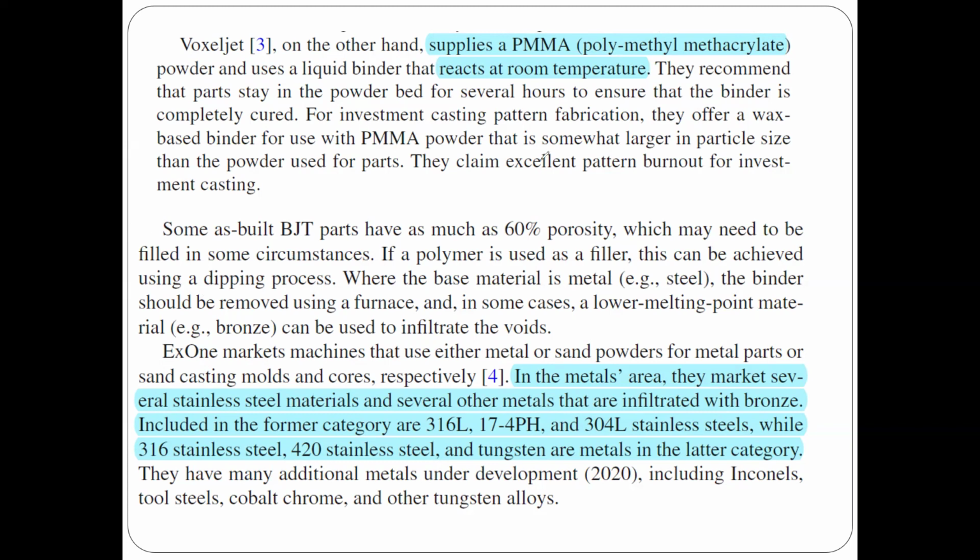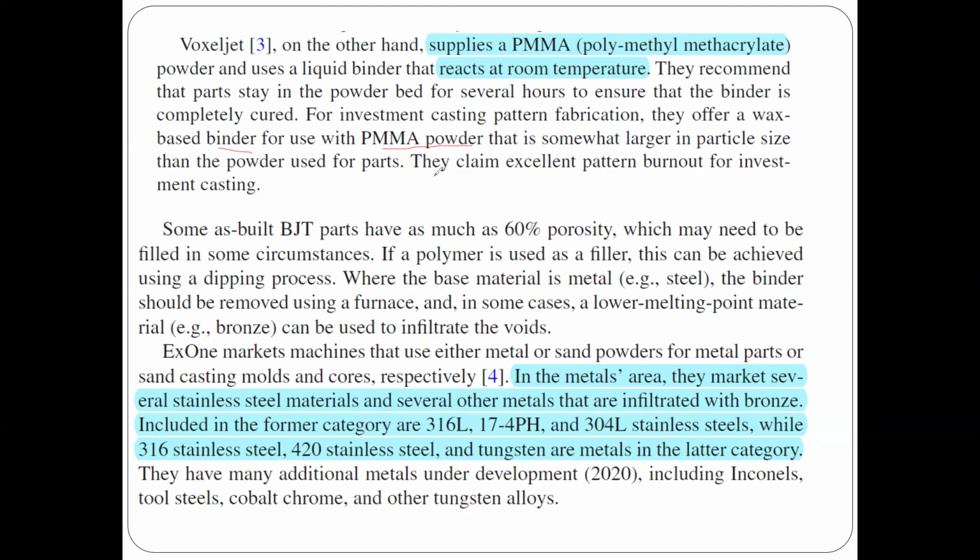For investment casting pattern fabrication, they offer a wax-based binder for use with PMMA powder that is somewhat larger in particle size than the particle used for the part. So students, you can see that different companies are providing different types of powder and binder pairs as a material for different sorts of applications.